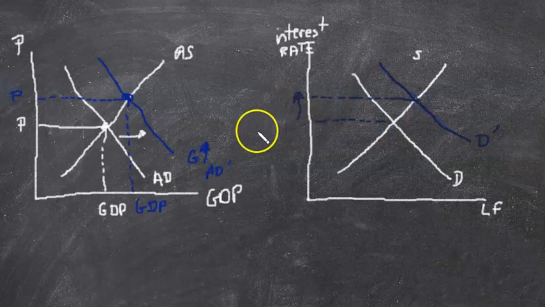Interest rate goes up. Now, as the interest rate goes up, the other components of aggregate demand, namely consumption plus investment, well, as interest rates rise, this is going to decrease. And we know that as interest rates rise, households will borrow less. We have a decrease in investment, and so we could expect that in fact aggregate demand moves back down.